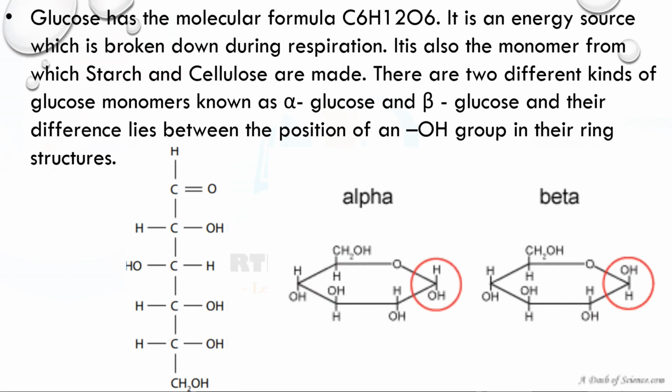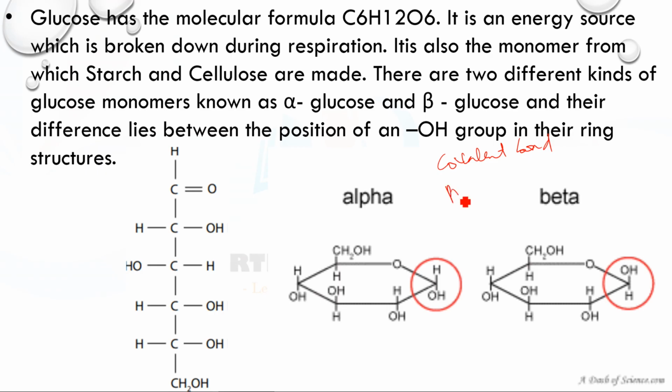Let's go to the next slide. Before I get into the glucose part, I want to talk about other important facts. All biological molecules have their subunits linked by covalent bonds.